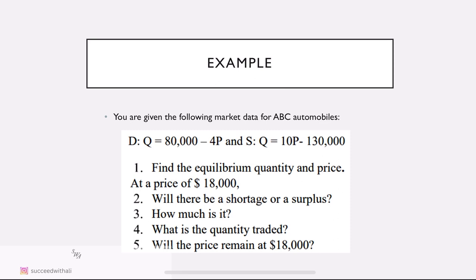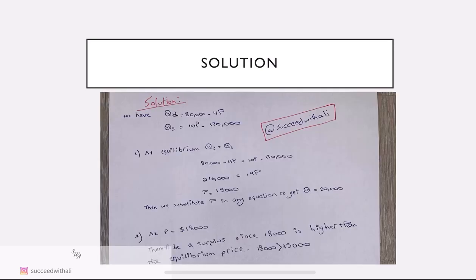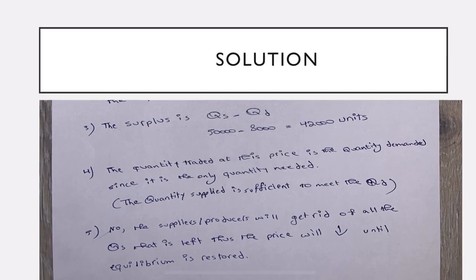We need to substitute P by 18,000 in both QD and QS to get the quantity demanded and the quantity supplied, and then subtract them to get the answer.